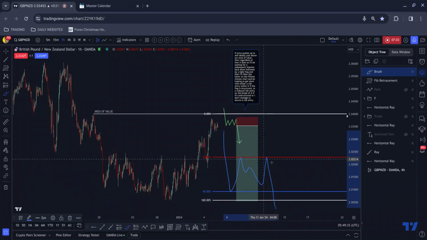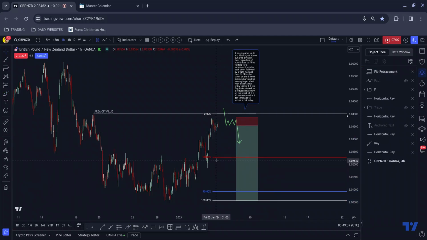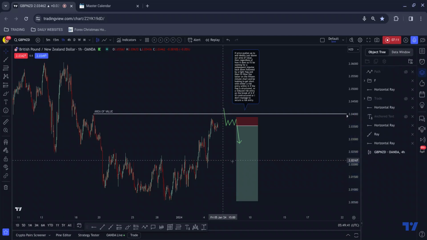I don't want to leave that much profit potential sat on the table. So that's where I would use this mechanical based management system. So that is pound Kiwi.